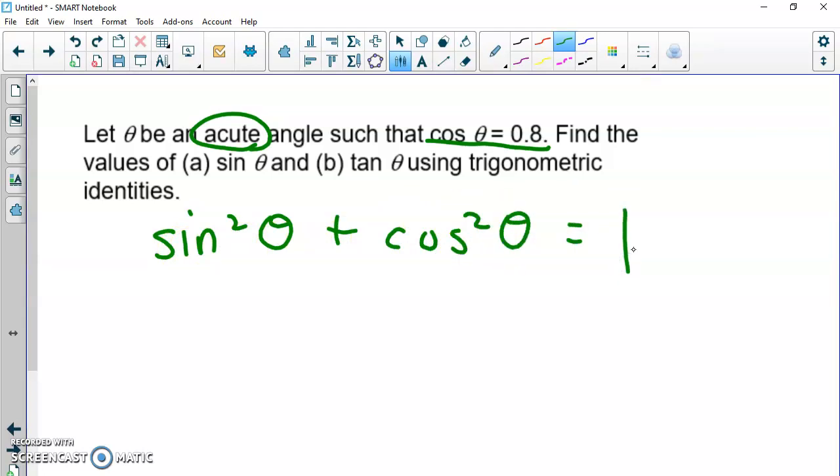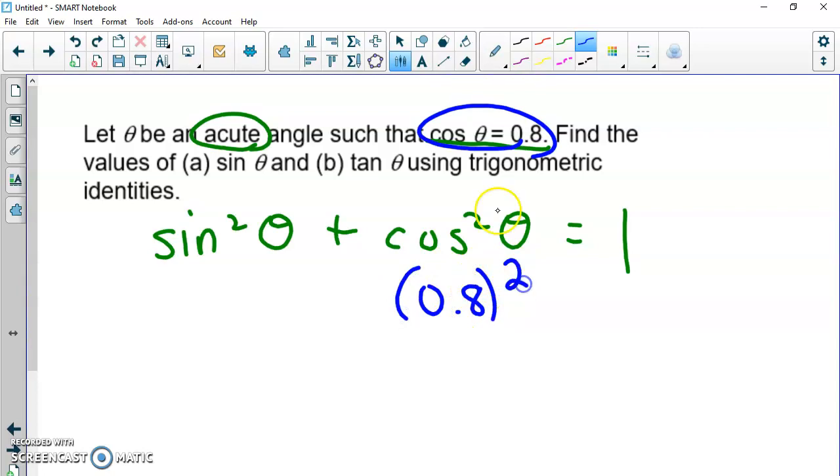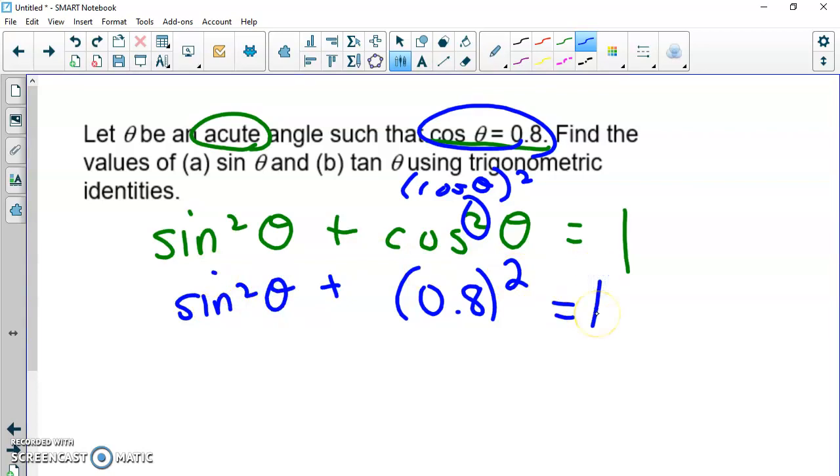That is the Pythagorean identity. Let's plug in 0.8 for cosine, so 0.8 squared, because it was cosine squared. The squared goes in front of the theta so that someone doesn't think that the angle is being squared, but that means the same thing as cosine of theta, whole thing in parentheses, squared. Plus sine squared theta equals 1.